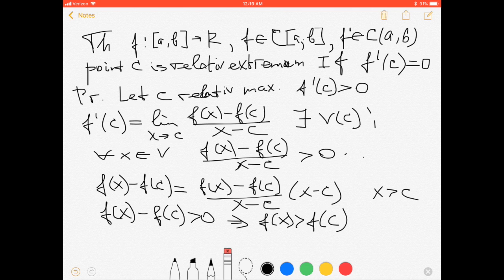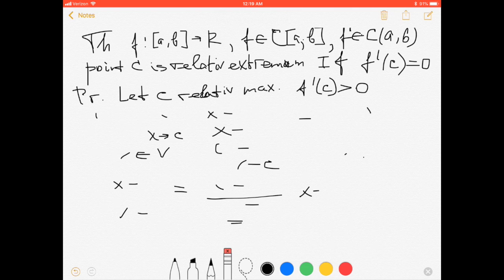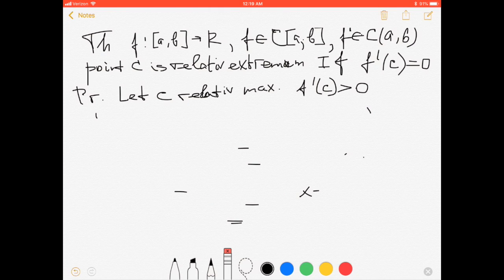Now I'm clear a little bit. C is still a relative maximum, and the derivative at point c is negative.